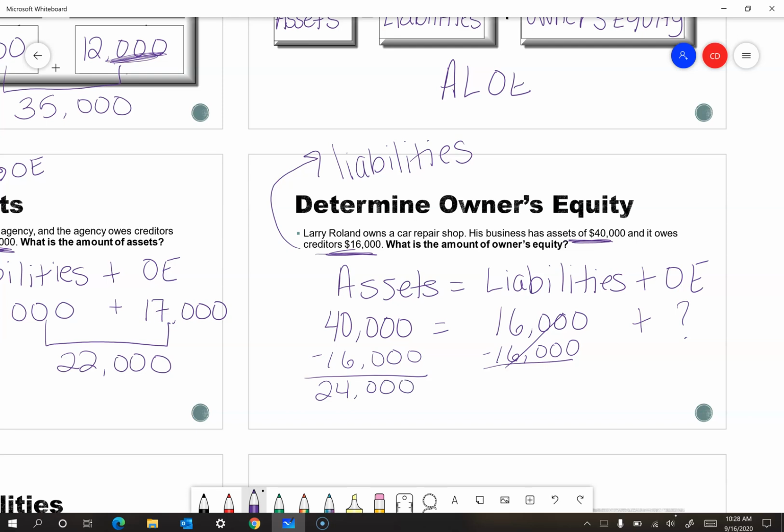So now we can say assets of $40,000 equals liabilities of $16,000 plus the $24,000 in owner's equity. And hopefully I did that math right. All right, moving on.